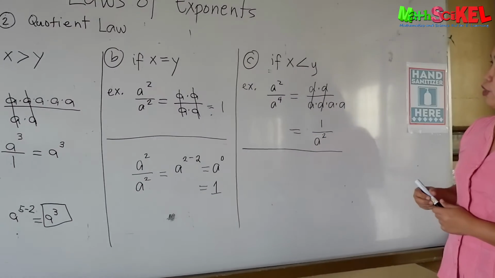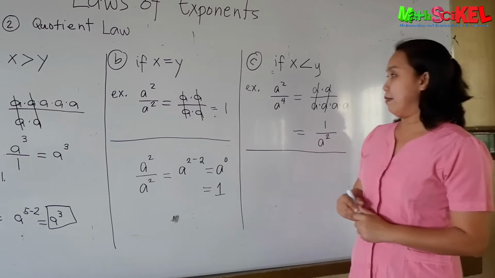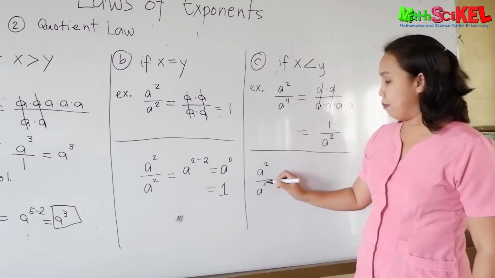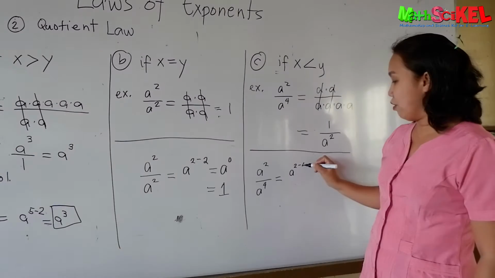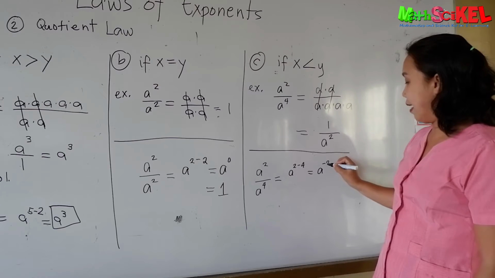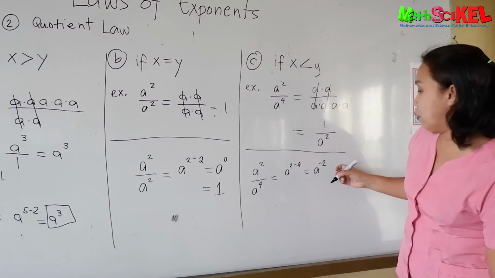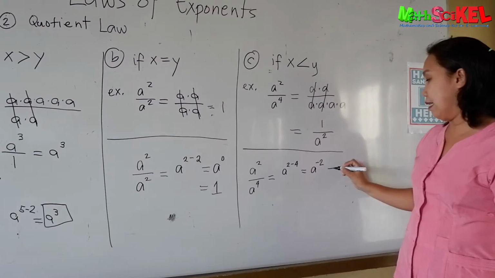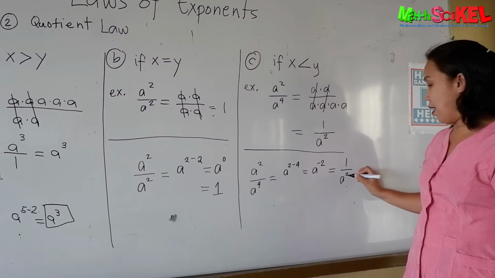And the last condition, if the value of x is less than y: we have a squared over a to the 4th power, which will be written as a raised to 2 minus 4, which is a raised to negative 2. But since we don't write negative exponents, this will be written in the form 1 over a squared.